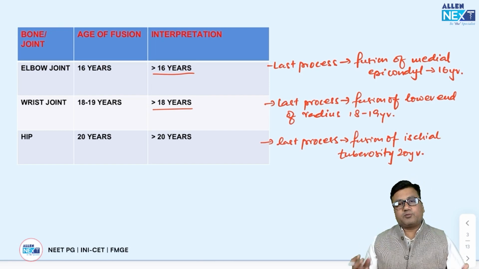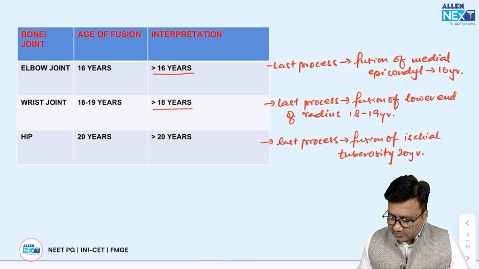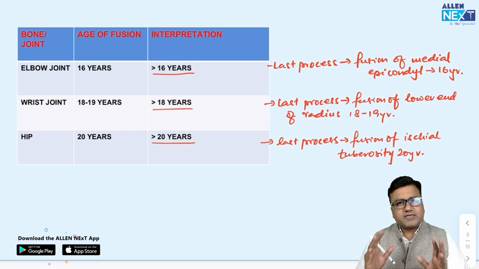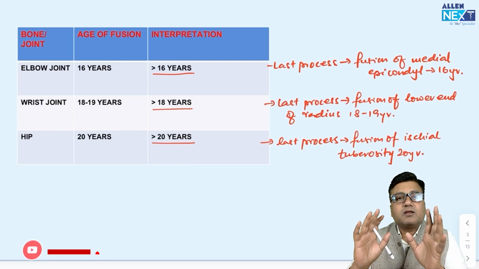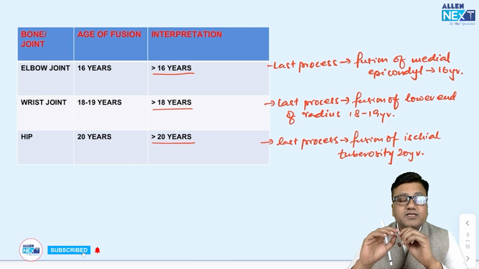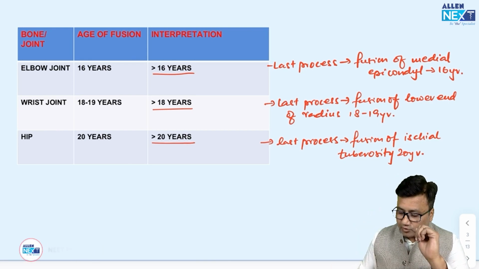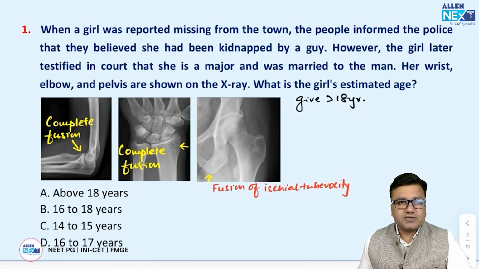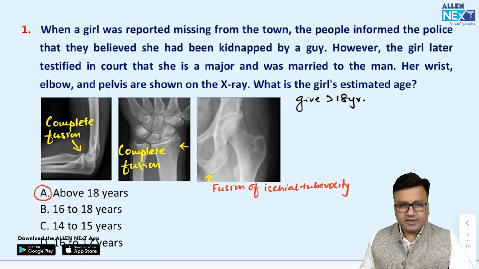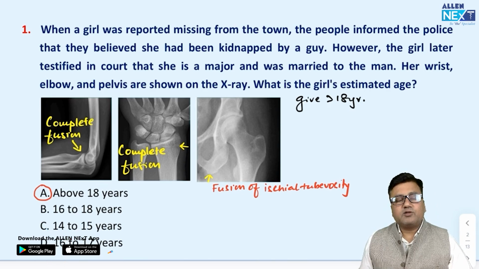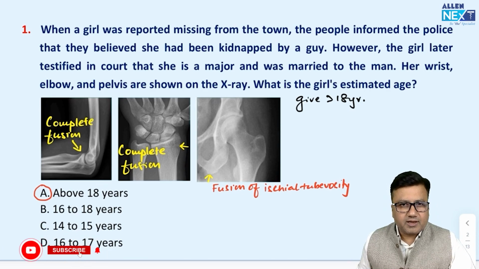So if ischial tuberosity has fused, the person is more than 20 years. So the best answer that we get from these three x-rays is that the person in the question, that is the female, she is more than 20 years, which means the most appropriate answer it would be that she is above 18 years of age, right? So correct answer is option A.